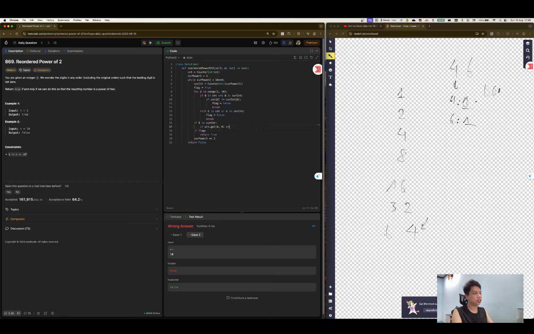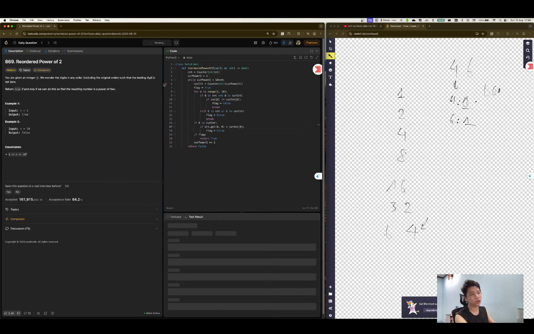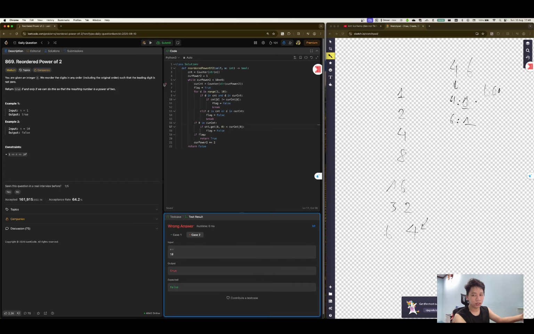It must be greater than or equal to the count of zero for sure. False. If less than, it must be false, because we could remove zero from the original digit, but we can't remove from the, what does it mean?